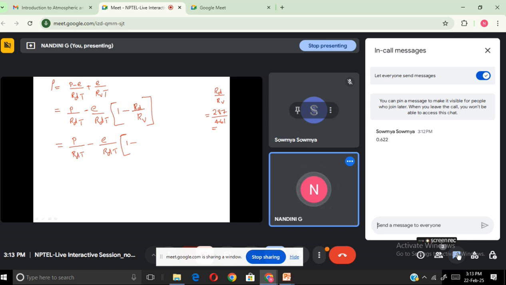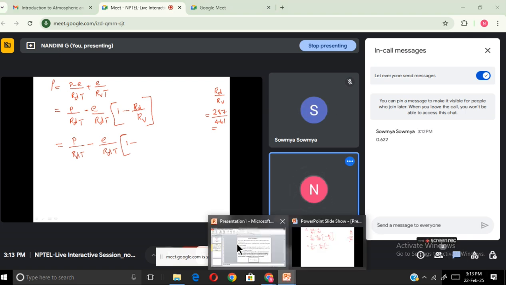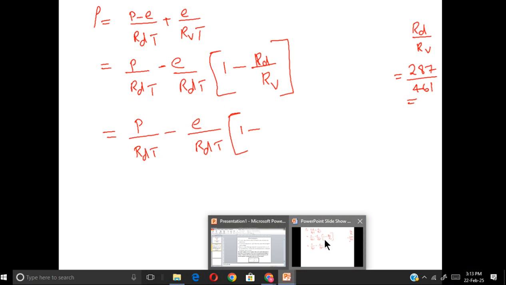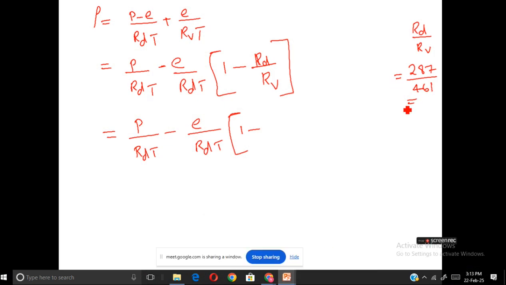It will be 0.622. This ratio Rd by Rv is denoted as epsilon, so epsilon is equal to 0.622. We can substitute it here, so Rd by Rv can be written as 1 minus epsilon. So rho is equal to P by RdT minus E by RdT into 1 minus epsilon.